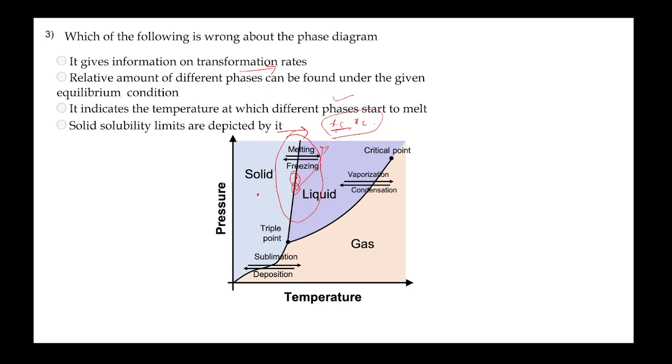So what amount of solid it will be bounded at this point can also be determined, and since it is the maximum amount of solid, it is also known as the solid solubility limit. So the answer which is not matching here is that it gives information on transformation rates. So option A is correct.